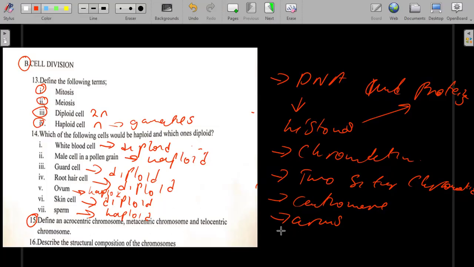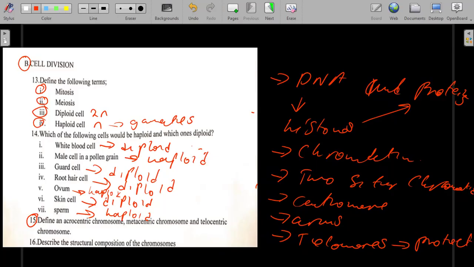The other part of the chromosome which you are going to find is what we call the telomere. Telomeres are found at the end of each chromosome. These are the ones which offer protection to your chromosomes. They are there to protect your chromosomes from damage.